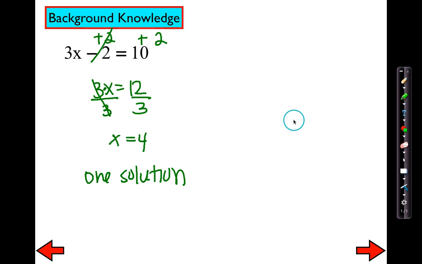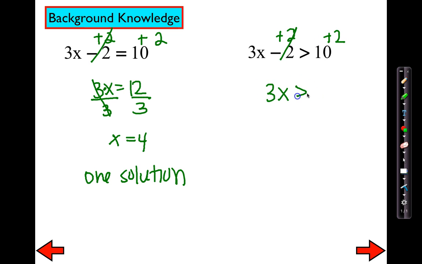Okay, but now what if I have the same exact problem? However, it's an inequality. Well, notice the steps are going to be exactly the same. So here you're going to have 3x is greater than 12. Divide both sides by 3, and I'm going to be left with x is greater than 4. Now in this case, I don't just have one solution.